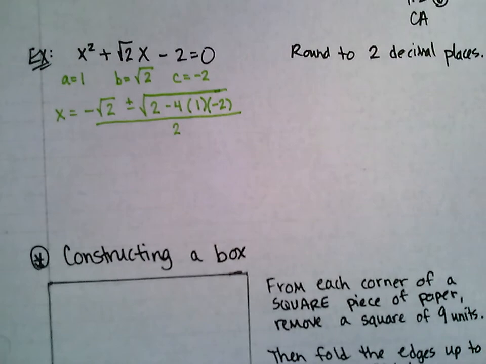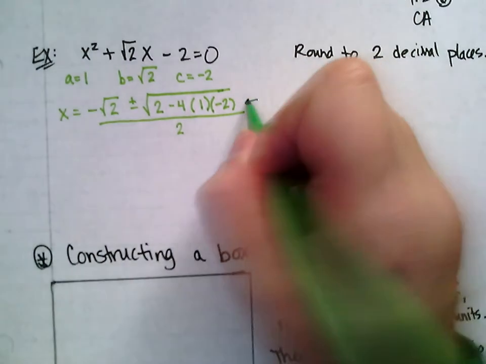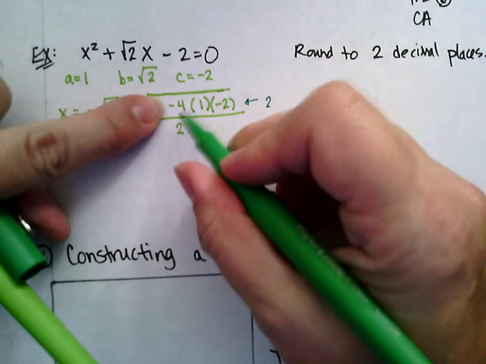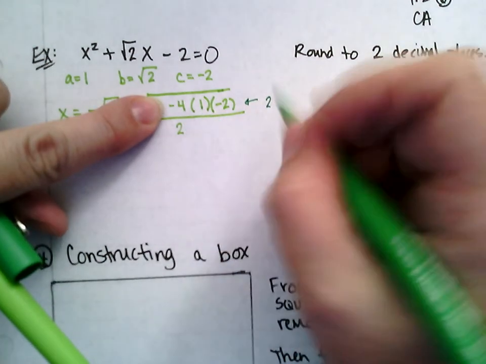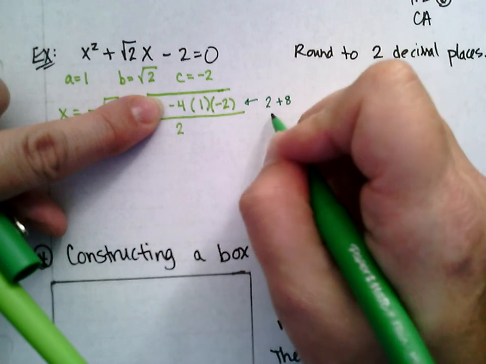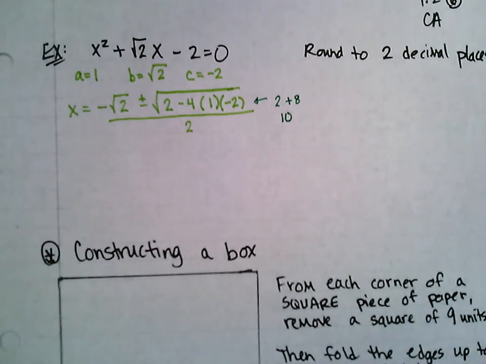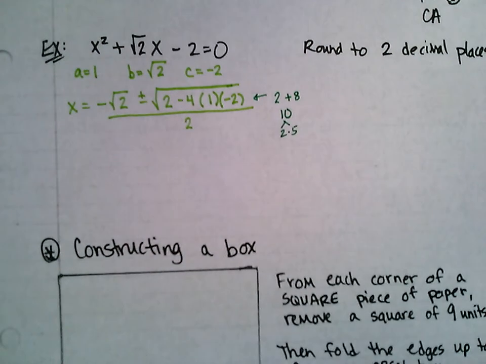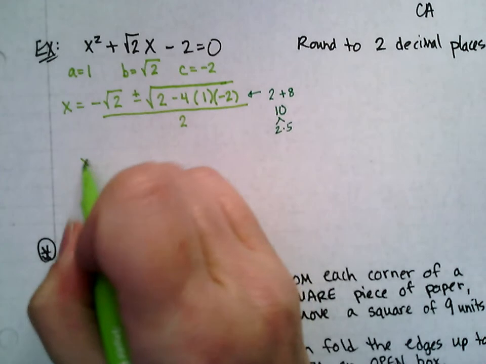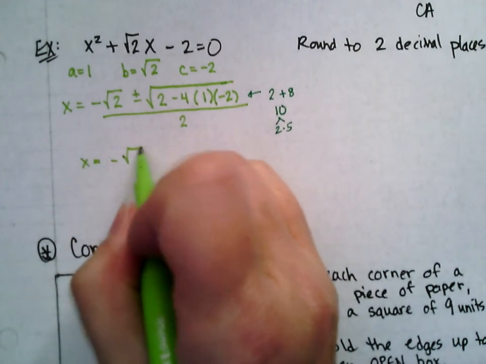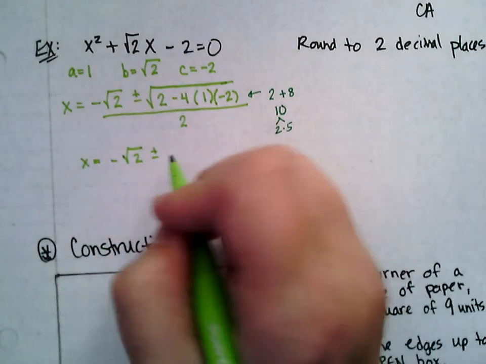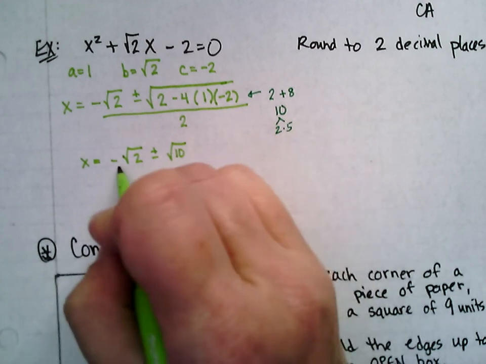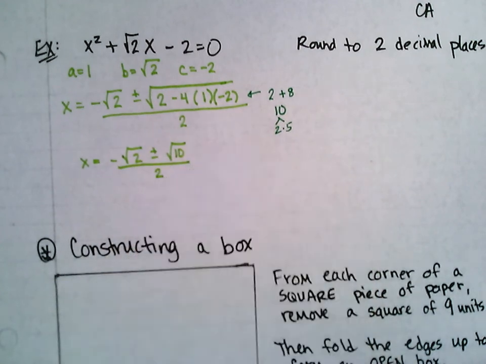Let's work through the little discriminant off to the side. 2, and then negative 4 times 1 times negative 2 is plus 8, which ends up being 10. 10 can't simplify as a radical because it's really just 2 times 5, so no pairs can come out. So I get x equals negative square root of 2 plus or minus square root of 10 all over 2.